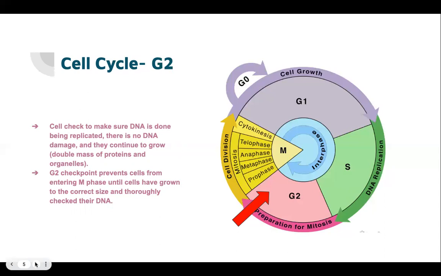Make sure that both daughter cells, after splitting, would have enough to sustain themselves. And at the end of G2, there's a major checkpoint that will prevent cells from entering M phase until they have grown to the correct size and thoroughly checked all of their DNA.